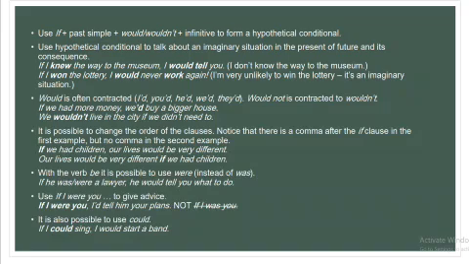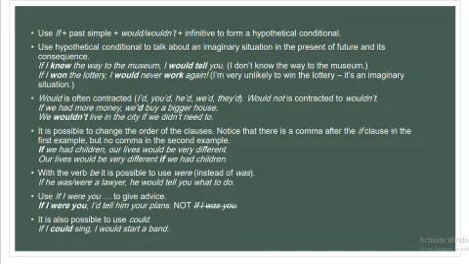And we had a similar point like this in the real conditionals. Look at the example. If we had children, our lives would be very different. And the other form of it is our lives would be very different if we had children.